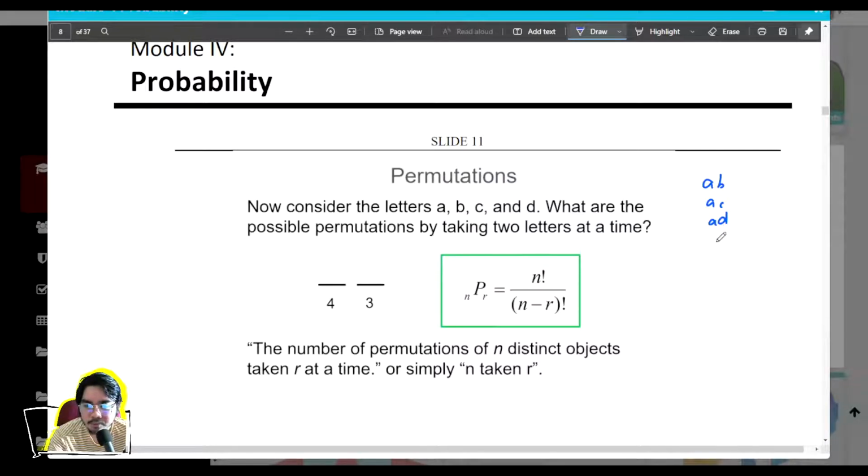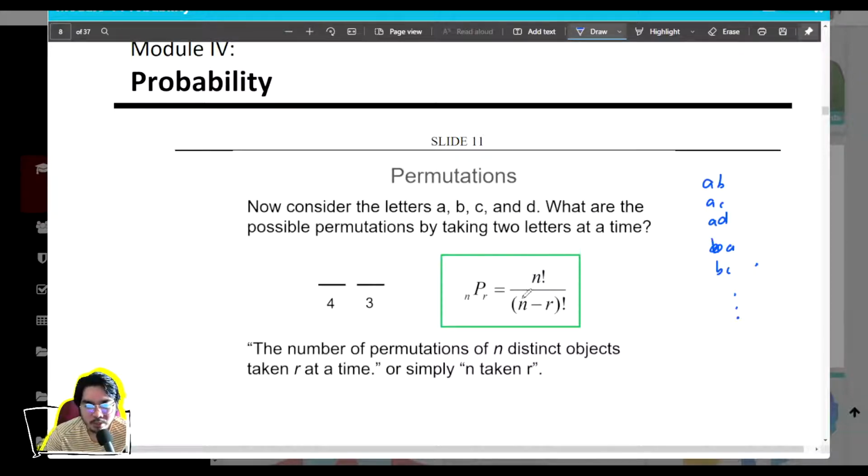Tapos you do BA, BC, BD, etc. Tama? You can do a brute force method. Pwede mo exhaust lahat ng list. Problema dito is baka may ma-miss out ka na combination or permutation. Tapos prone to error siya, itong brute force method.